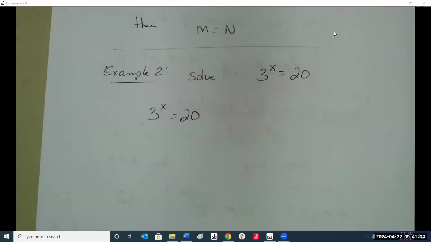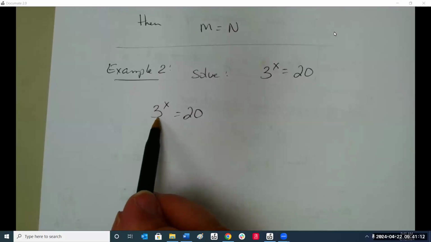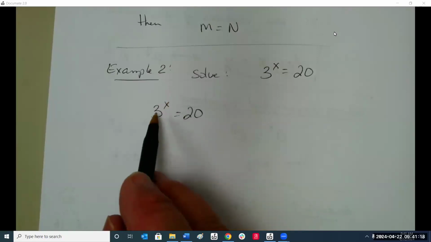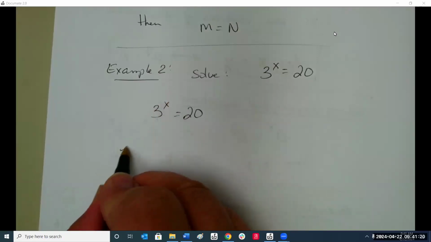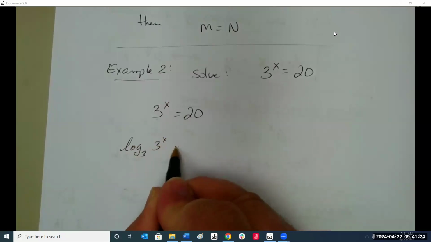Square roots, the nth roots only work if we have x and we try to get rid of the number. That's what I was trying to. We did that. Yes. Well, we know that the 3 is a what in this example? 3 is the base of the exponent. So since 3 is the base, let's take log base 3 of both sides.